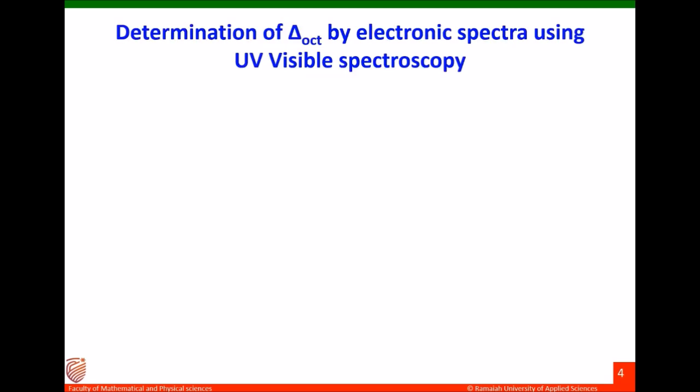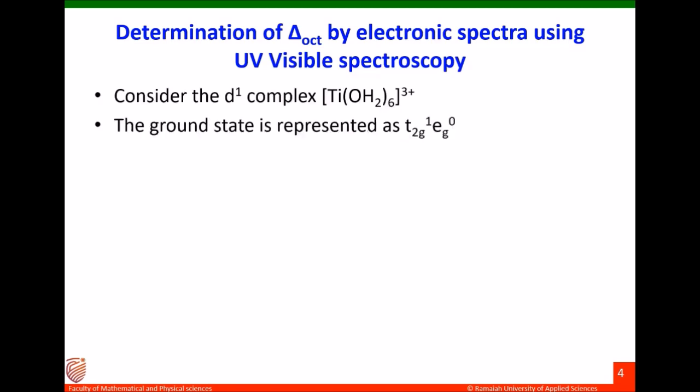For example, consider the d1 complex [Ti(OH2)6]3+. The ground state is represented as t2g1 eg0, because only one electron is present in the d orbital, and that will be in the t2g orbital, because the energy of the t2g orbital is lesser than that of the eg orbitals.